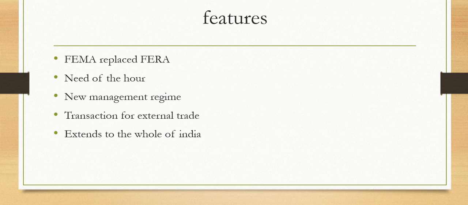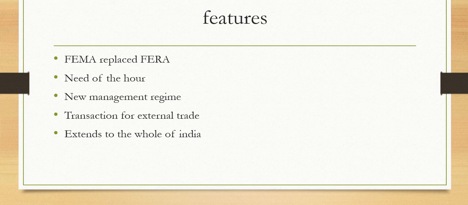The features of the Foreign Exchange Management Act. The first one is that FEMA came into picture in order to replace FERA. FERA is nothing but the Foreign Exchange Regulation Act. The second one, need of the hour. It had become the need of the hour since FERA had become incompatible with the pro-liberalization policies of the government.